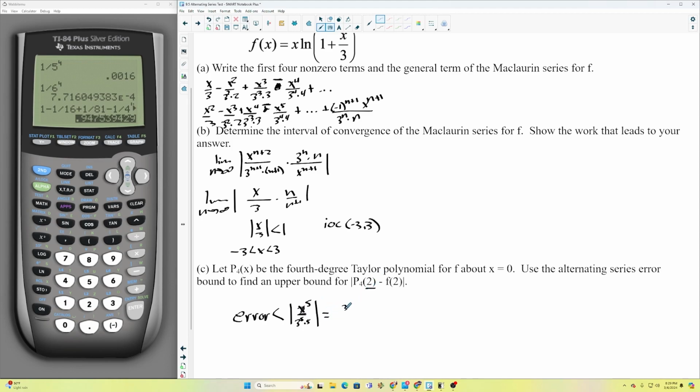So that's equal to 32 over, let's see. Oh, I need to look right here. I kind of looked at the wrong one. This is actually 3 to the 4th times 4. So 81 times 4. That's 8 over 81 is your upper bound.